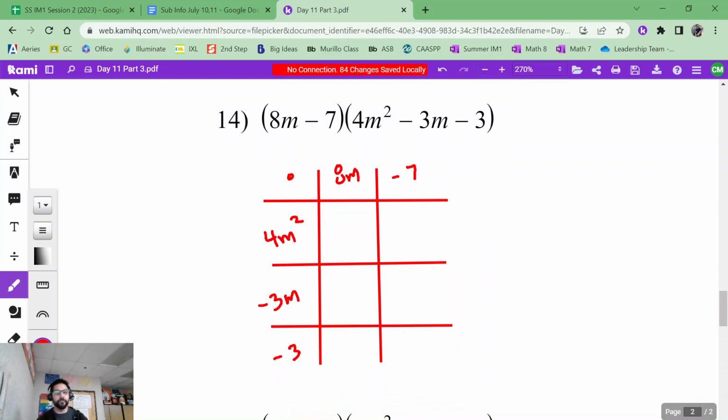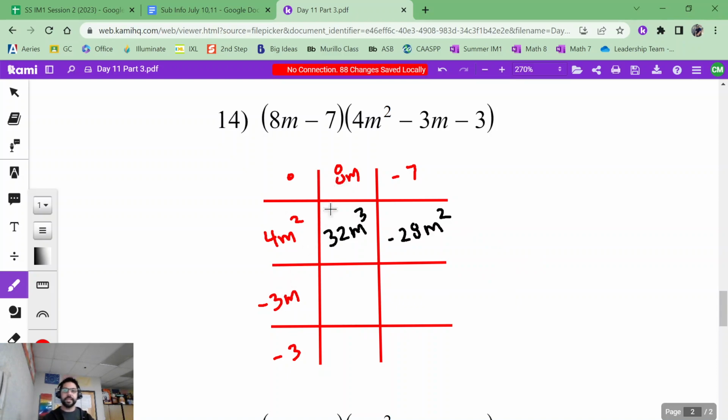All right, so we're going to be careful with our multiplication. 4 times 8 is 32. M squared times m is m cubed. The first one always has to be different. 4 times negative 7 is negative 28. M squared tags along.